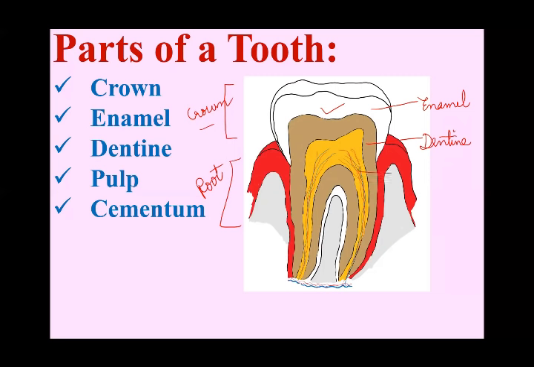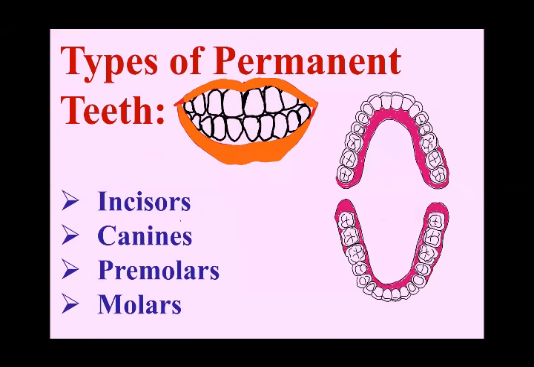Here in this image, the pulp is shown in yellow color. The pulp contains the nerve cells and the blood vessels. And the last part is cementum. Cementum is a thin bony layer which covers the root and attaches the tooth to the jawbone.